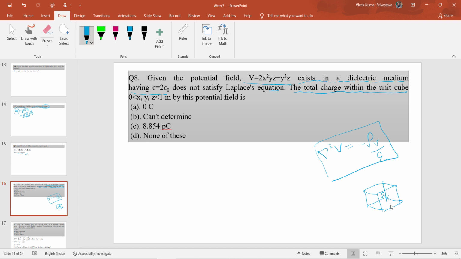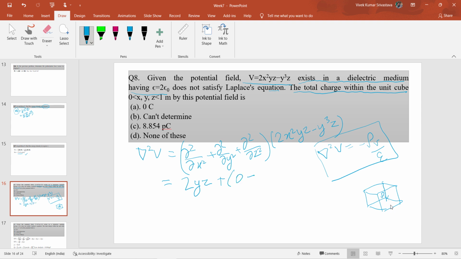First of all we will derive the value of del square V, which equals del square by del x square plus del square by del y square plus del square by del z square of 2x square yz minus y cube z. We calculate del square V, which equals 2yz, plus 0, minus 6yz, and the last term is 0.